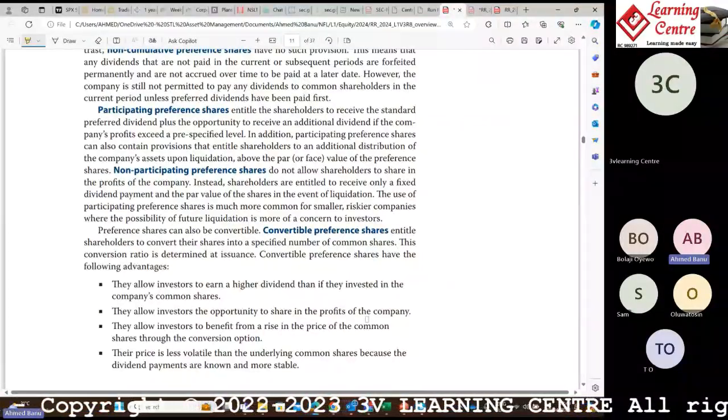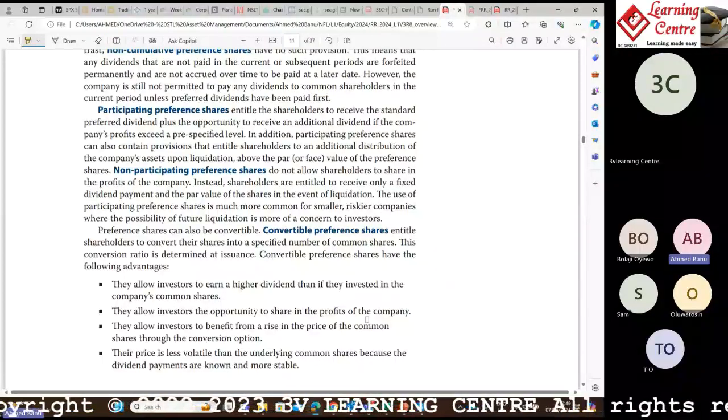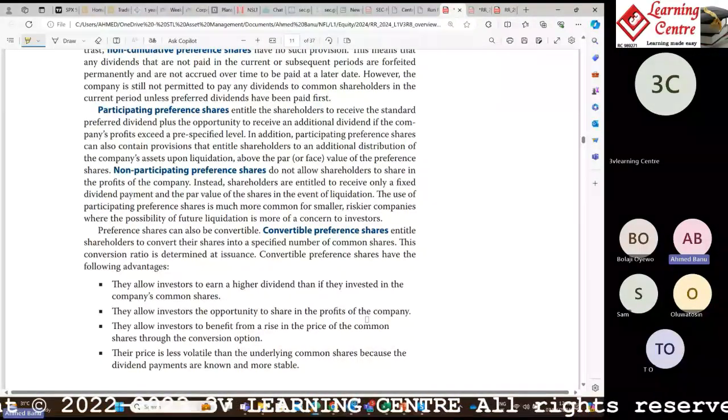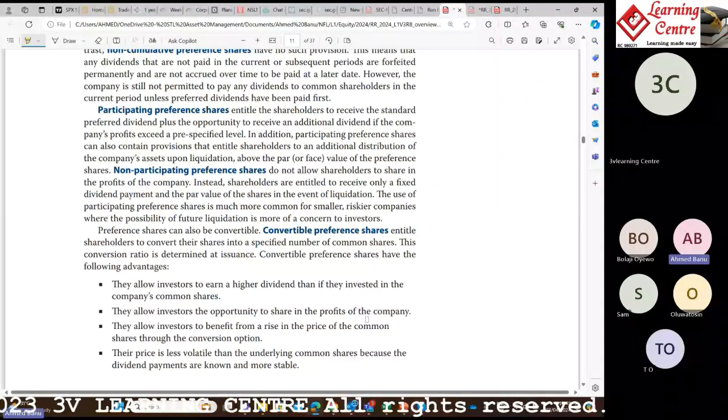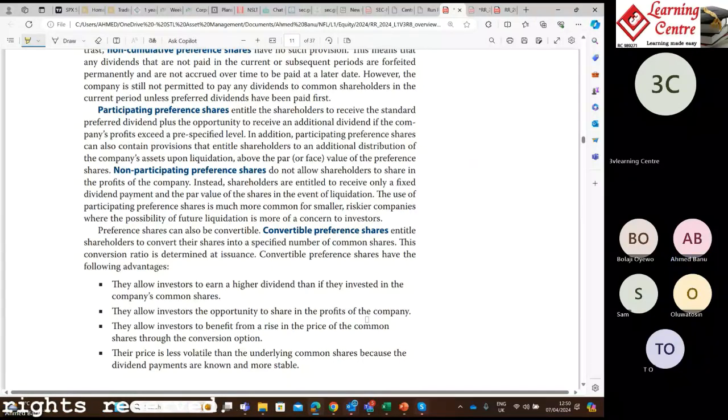Now, we have what we call convertible preference shares. Convertible preference shares means that at a point in the future, driven by a liquidity event, preferential shareholders are going to convert their shares to ordinary shares. That's what we call convertible preference shares.